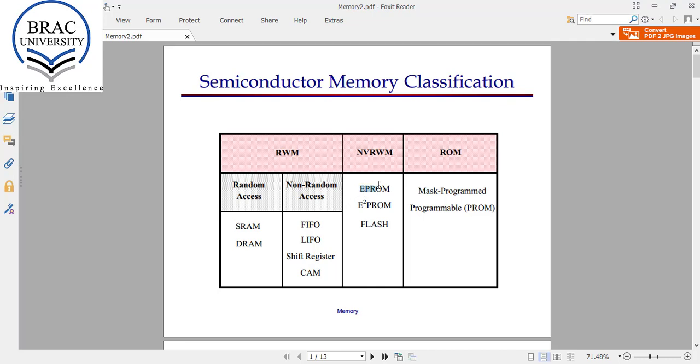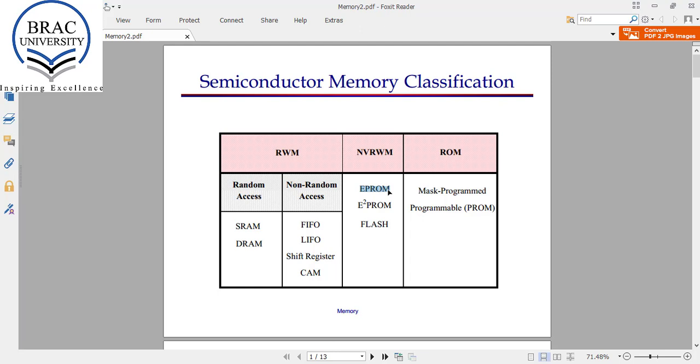Here we have EPROM, that is erasable and programmable ROM. This is like the normal ROM, but you can erase and reprogram this type of ROM. Later we have E2PROM, that is EEPROM, electrically erasable and programmable ROM. For the EPROM, you cannot erase the ROM data electrically.